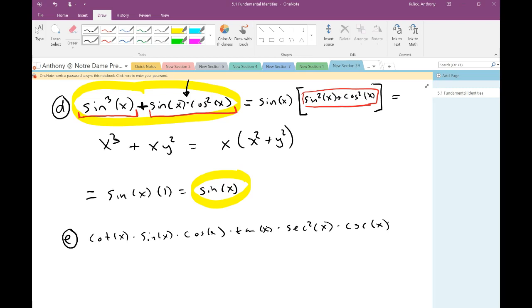Okay with that plan? Yeah, so I'm going to look for a way to rewrite cotangent in terms of sines and cosines. What is cotangent the same as? It is the same as cosine over sine.